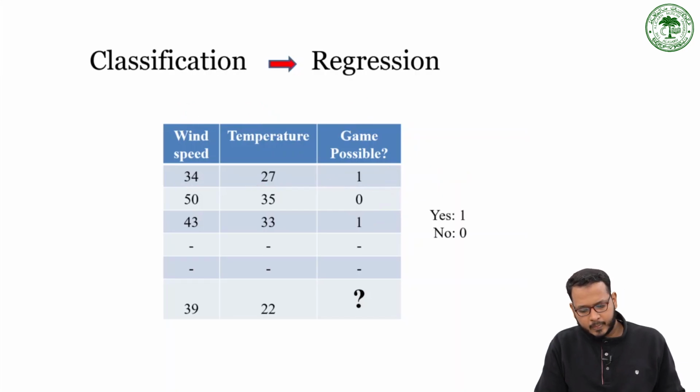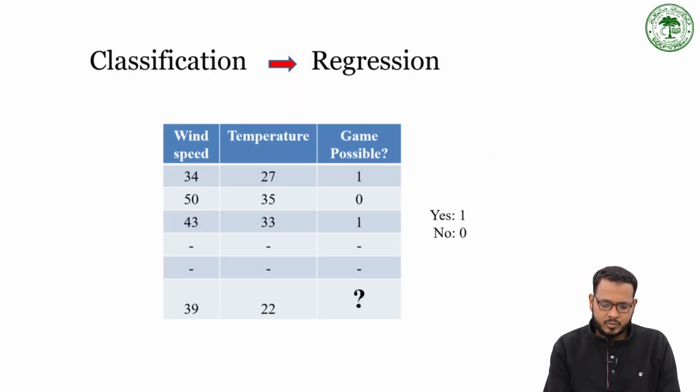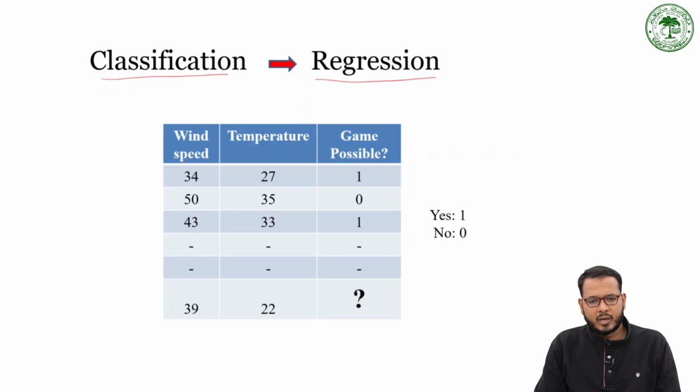However, if we want to, we can convert that into numeric values as well. Here, we have taken an approach to move from classification to regression. That is, once you have converted the textual values of the dependent variable y into numeric values where 1 represents yes and 0 represents no, we have converted all the data into numeric form.